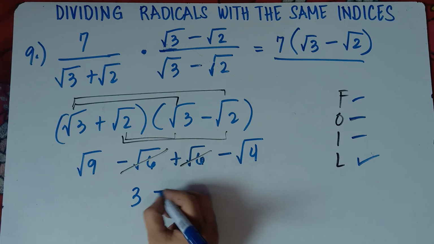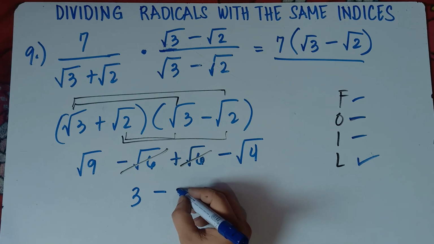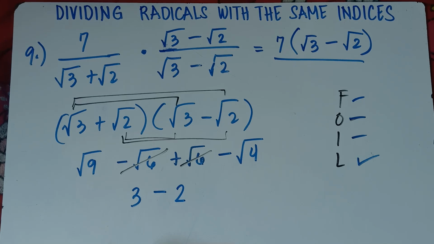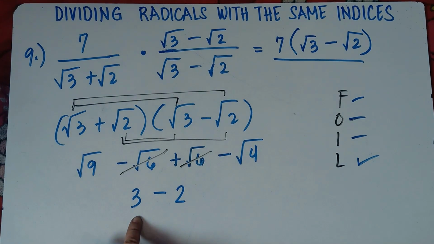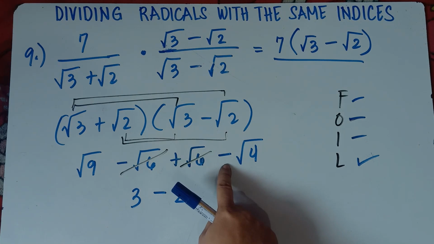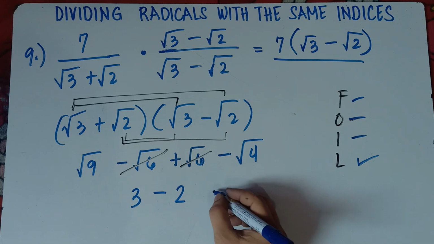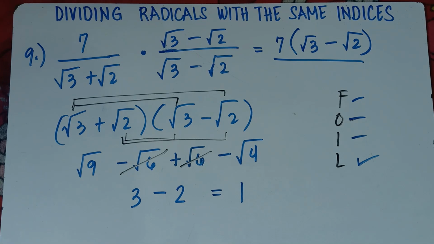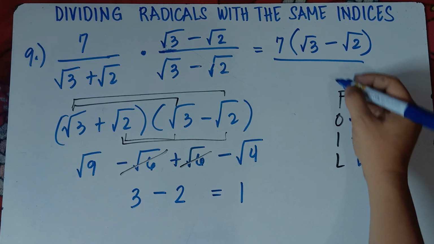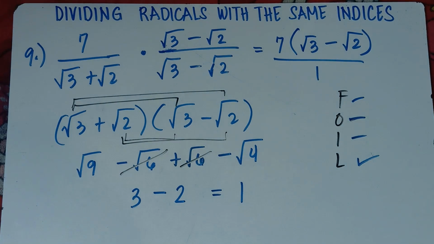The square root of 4, that is 2. So 3 minus 2, that is 1. So therefore, on the bottom part, class, that is 1. When we multiply this one, the answer is 1.